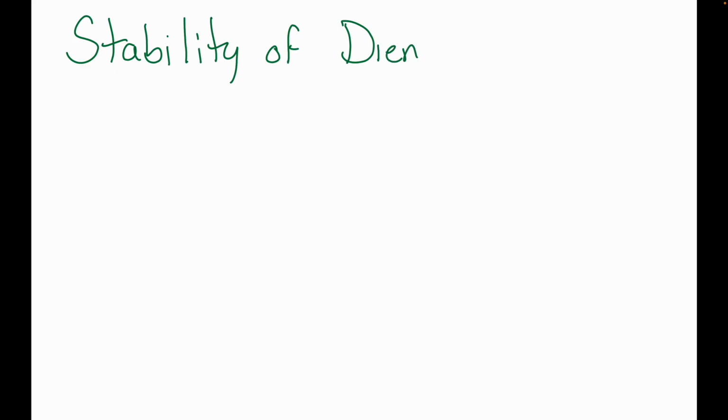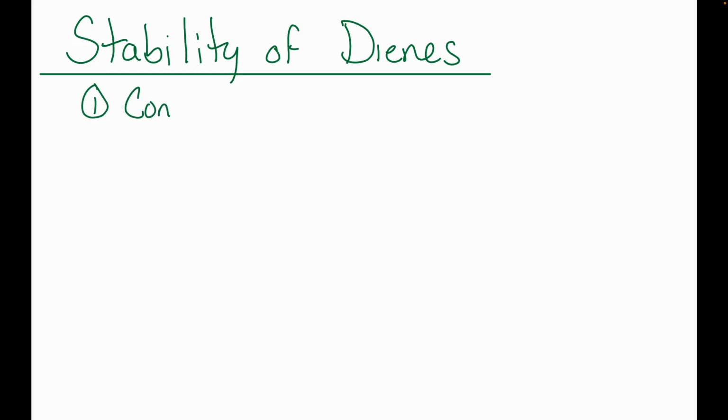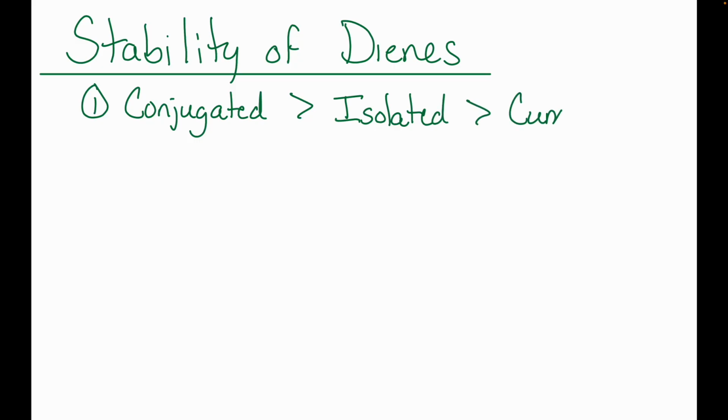All right. So when we're talking about the stability of dienes, this is where we're going to pick up next class period, but the most important factor is whether it's conjugated versus isolated versus cumulated.